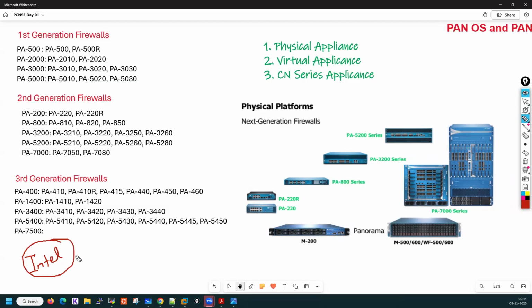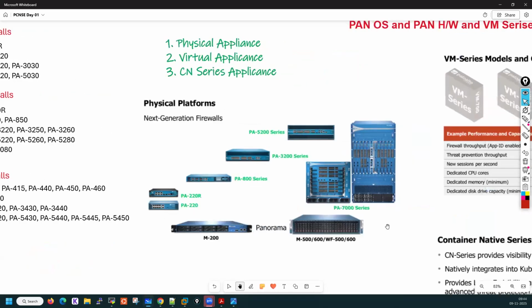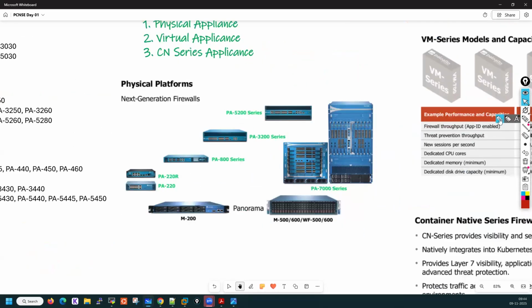But you know, this Intel company designs their chips according to the Palo Alto devices. Okay. And after that, Palo Alto implements those chips into their hardware appliances. So those are the hardware models available from Palo Alto.